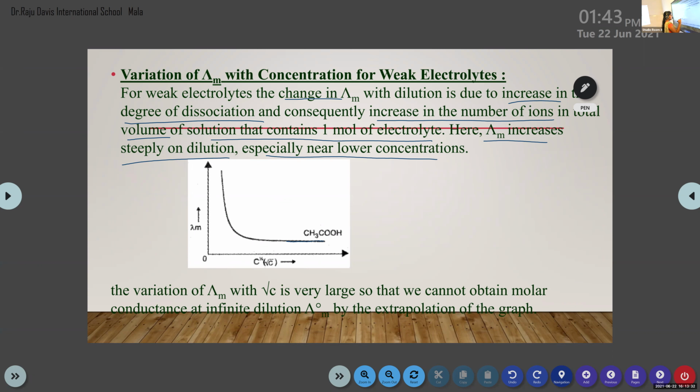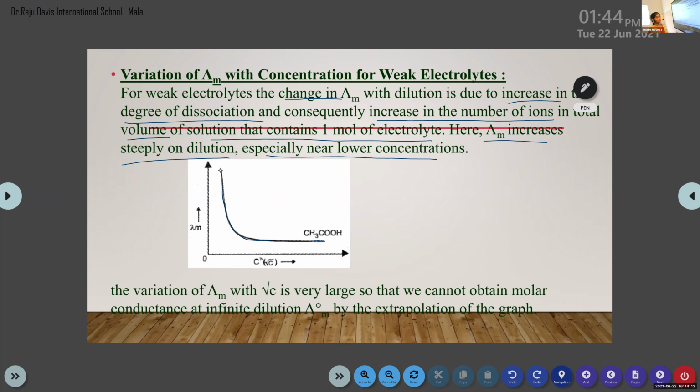Here it is a constant value, and when the concentration is too much lowered, it will increase steeply, right? Okay, so here in the case of weak electrolytes also, this molar conductivity increases, but it is due to the factor of degree of dissociation. Due to this degree of dissociation, the number of ions produced also increases. That's why the molar conductivity increases steeply on dilution, especially near the lower concentration.